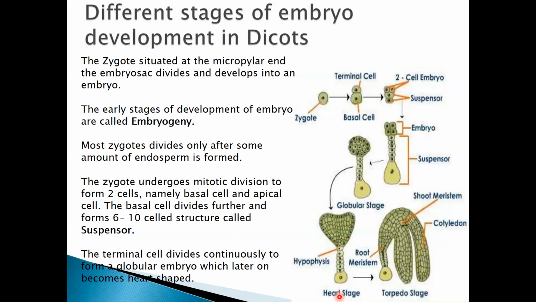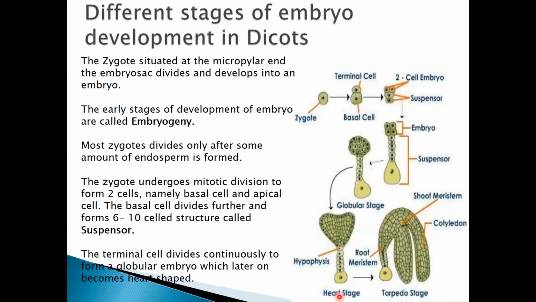So what happens here? The embryo sac which is present, yes, that oval shaped embryo sac, divides and develops into embryo. Now, the early stages of development of the embryo are called embryogeny.